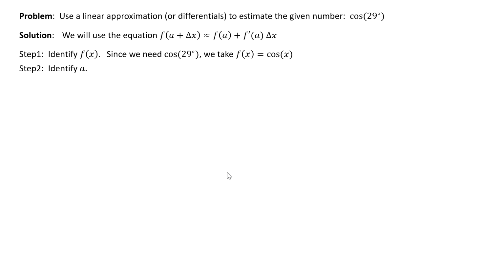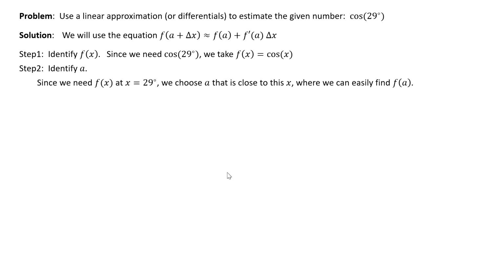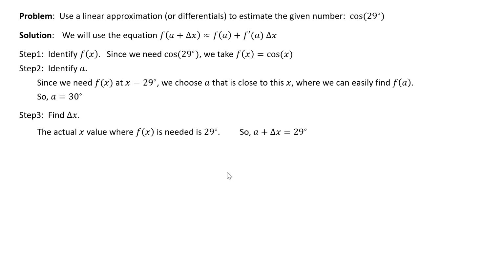Cosine of 30 degrees is square root of 3 over 2. So we'll pick a to be 30 degrees and find delta x. How do you do that? You say a plus delta x is equal to 29 degrees, and a is 30 degrees. So delta x is negative 1 degree.